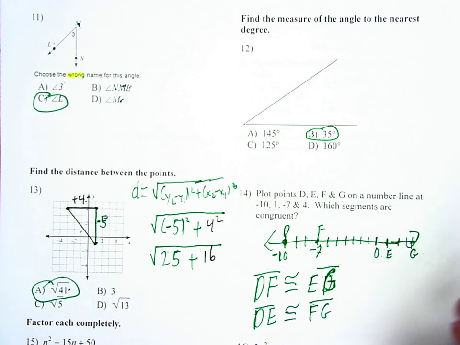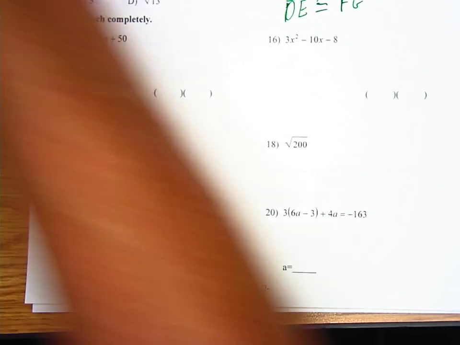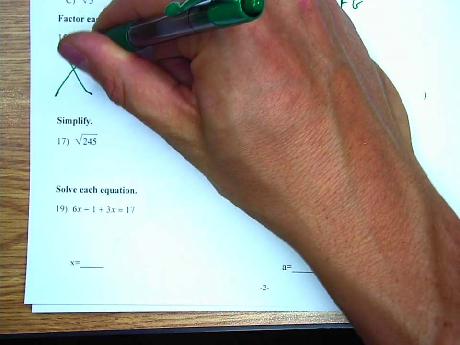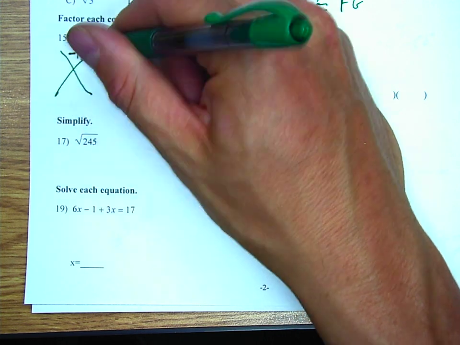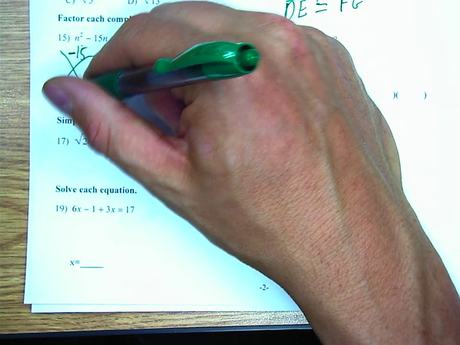Anyways, next thing, factoring. I use the x factoring one. If your teacher does something different, just use what makes best sense to you. So here I've got a goal of negative 15, and a times c is 50. 1 times 50 is 50. So I'm breaking down the 50 to make 15.